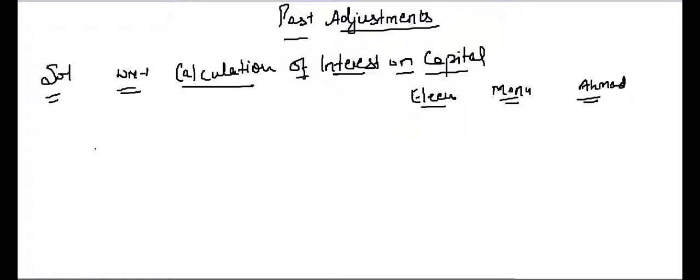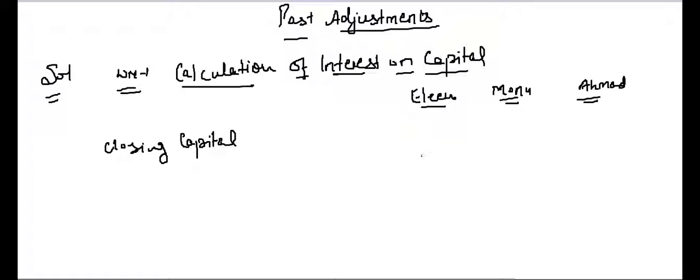So what is the closing capital? We are given the closing capitals. What is the amount of closing capital? It is 1,60,000, 1,20,000 and 80,000.